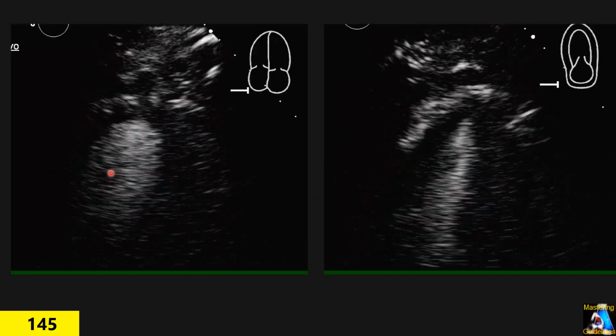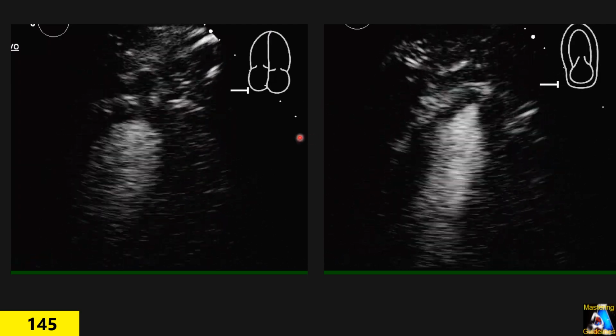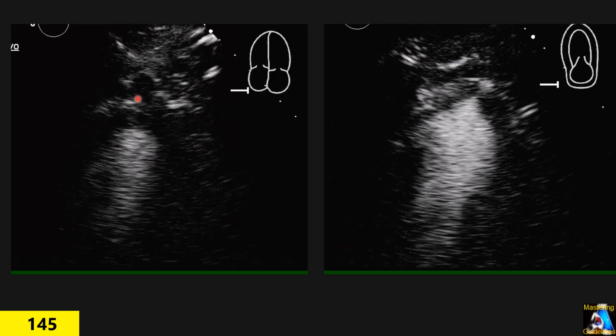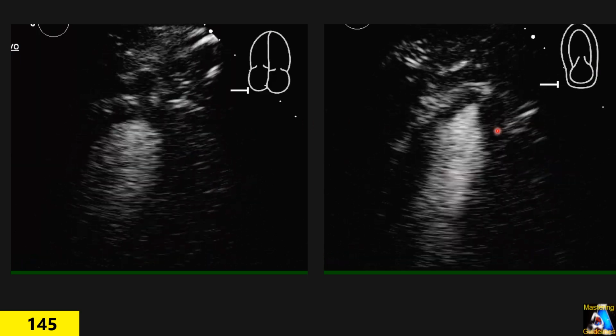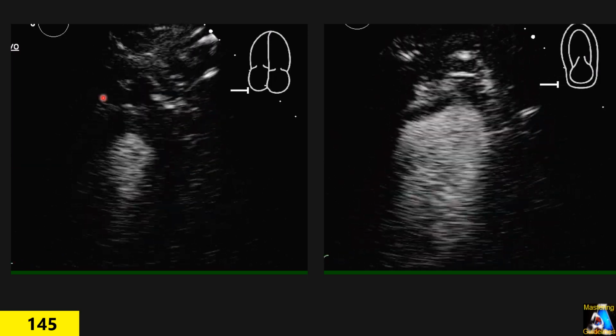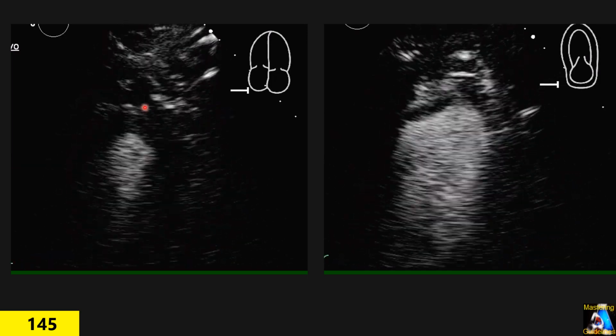Here, in this specific view, it looks like an aneurysm. That is why I tried to show whether this part is really an aneurysm or a rupture. In this apical 4, I couldn't show completely whether it is aneurysm or rupture.